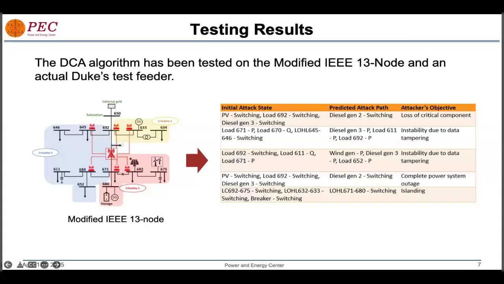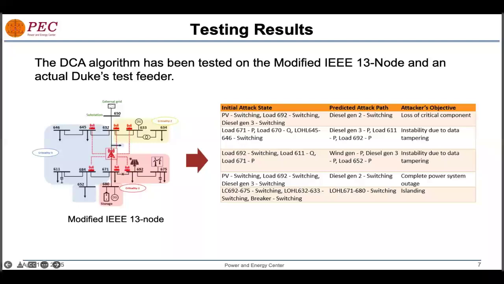In terms of the testing, our algorithm has been tested on the modified IEEE 13 node and also the actual Duke's test feeder. The result for the modified IEEE 13 nodes has been shown on this slide. We started from some initial attack that the attacker is trying to cause to the system, and then we predict the next target components that are likely to be more interesting for the attacker, and then we predict the attack objective.